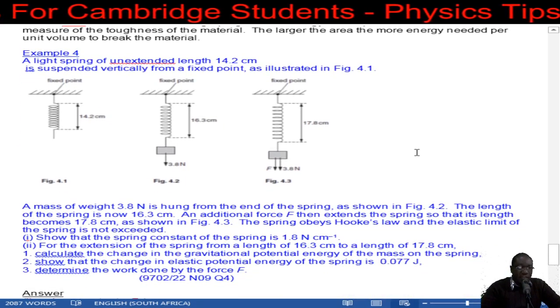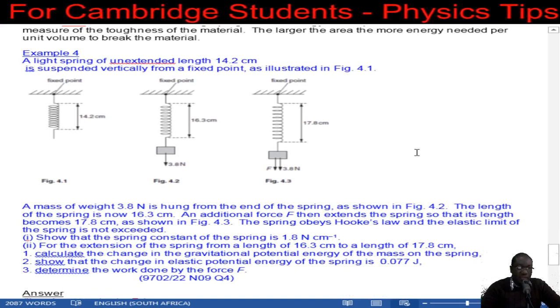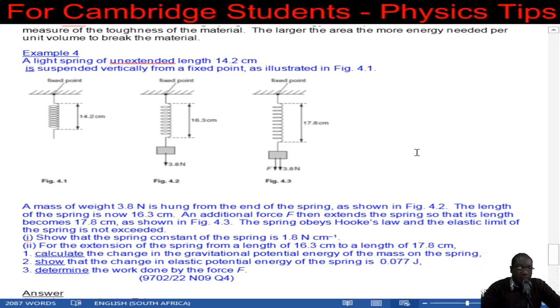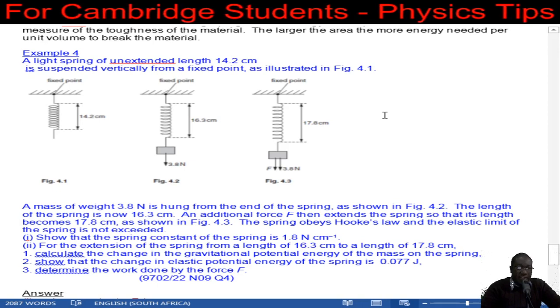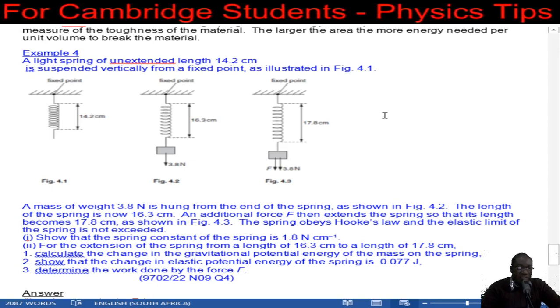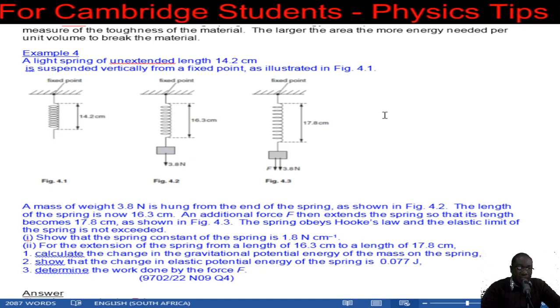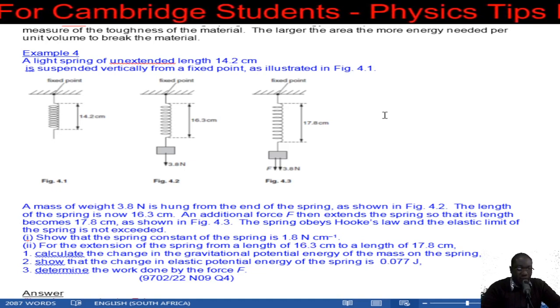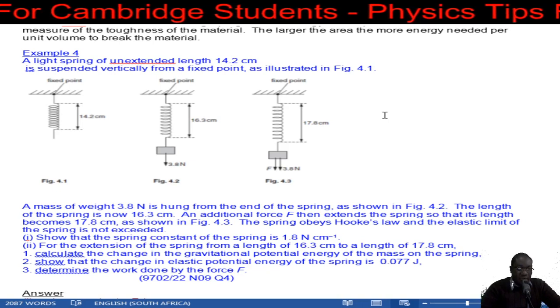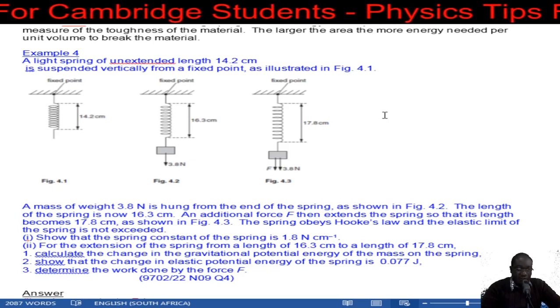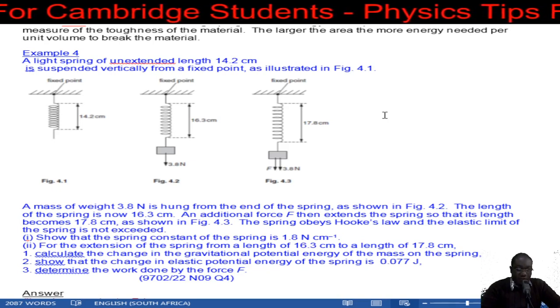So the first example, that's example 4 in the deformation of solid series. A light spring of unextended length 14.2 centimeters is suspended vertically from a fixed point as illustrated in figure 4.1. A mass of weight 3.8 newtons is hung from the end of the spring as shown in figure 4.2.